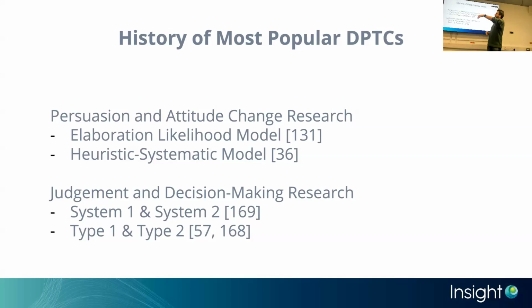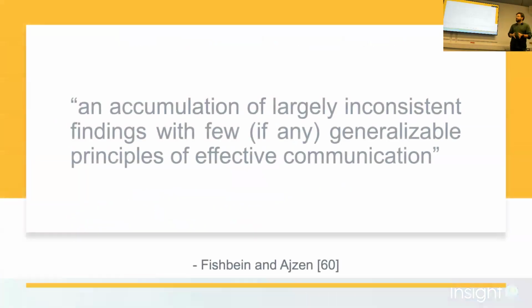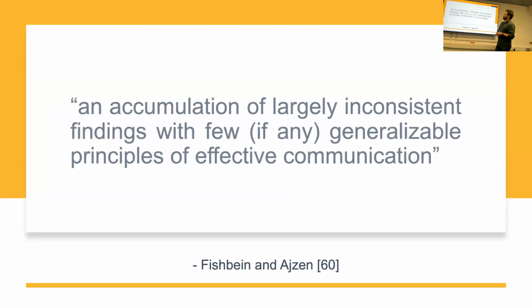Maybe the most logical and consistent message is not always believed, and really poor arguments are sometimes believed for reasons completely outside of the message. There were so many inconsistent findings that Fishbein and Ajzen at the time said that the research was an accumulation of largely inconsistent findings with few, if any, generalizable principles of effective communication, which I feel is a bad place to be in terms of research.